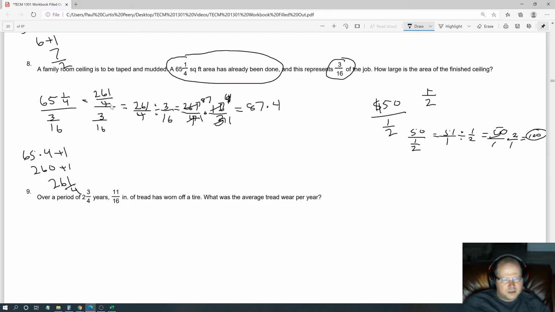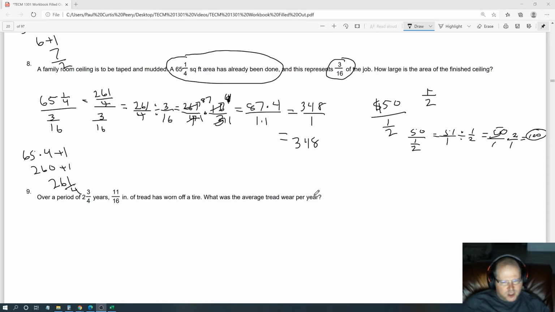The autocorrect keeps on making my 4s look like 9s, I apologize. And then 1 times 1, which just goes away. So that simply gives me 348 over 1, which is just 348.